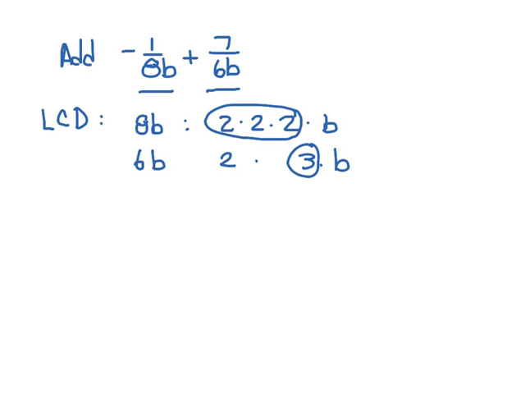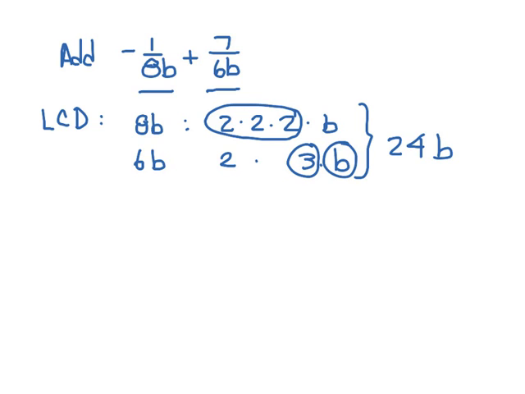So we have the most 2's. We have 3 2's, 1 3, and 1 b. So our least common multiple is 8 times 3, which is 24b.